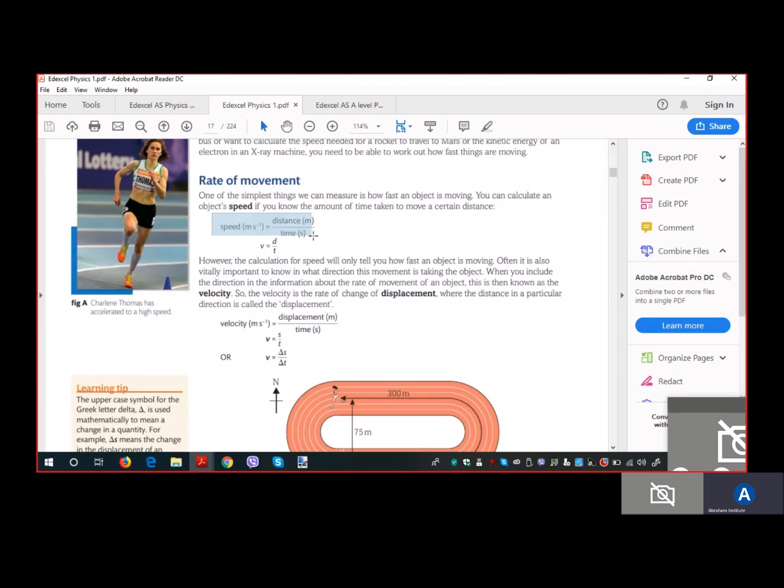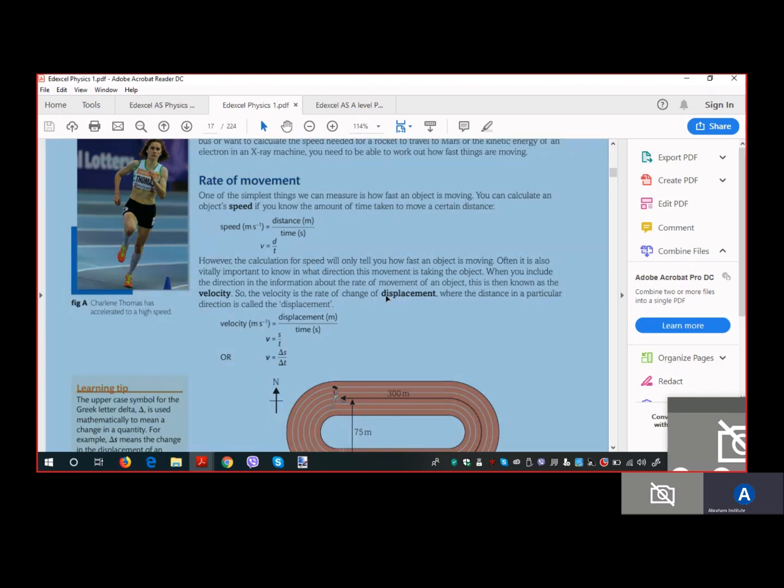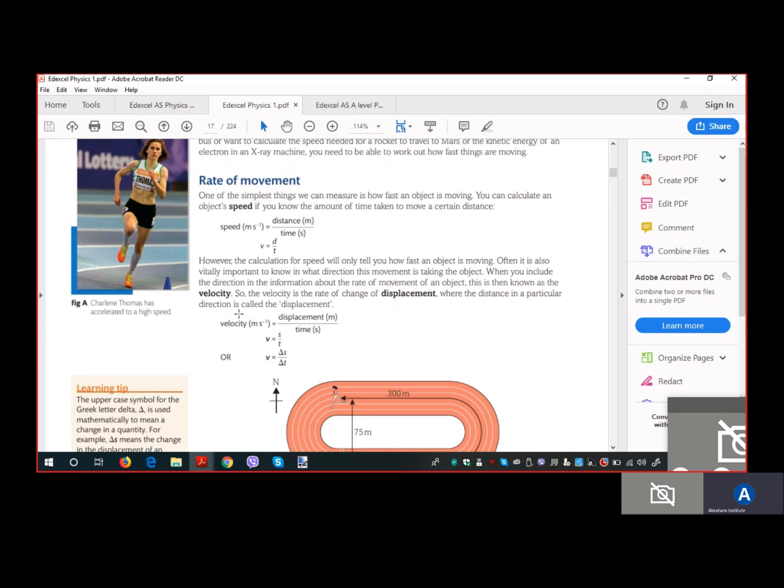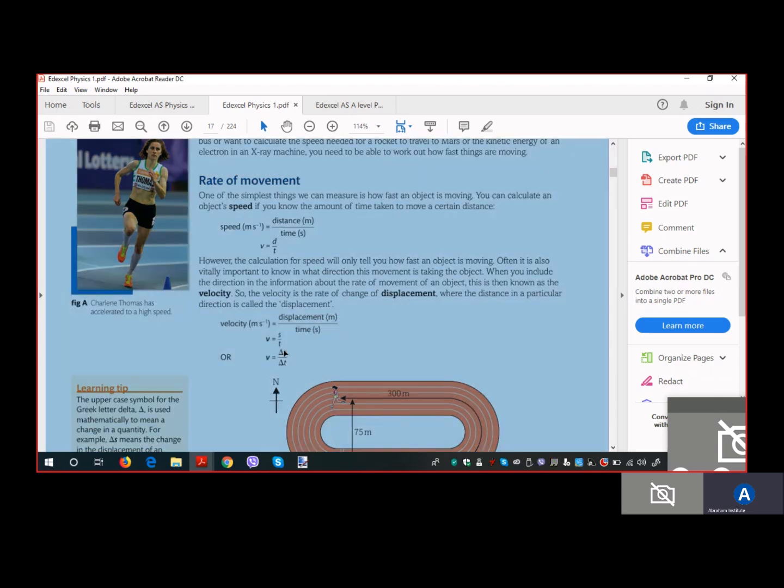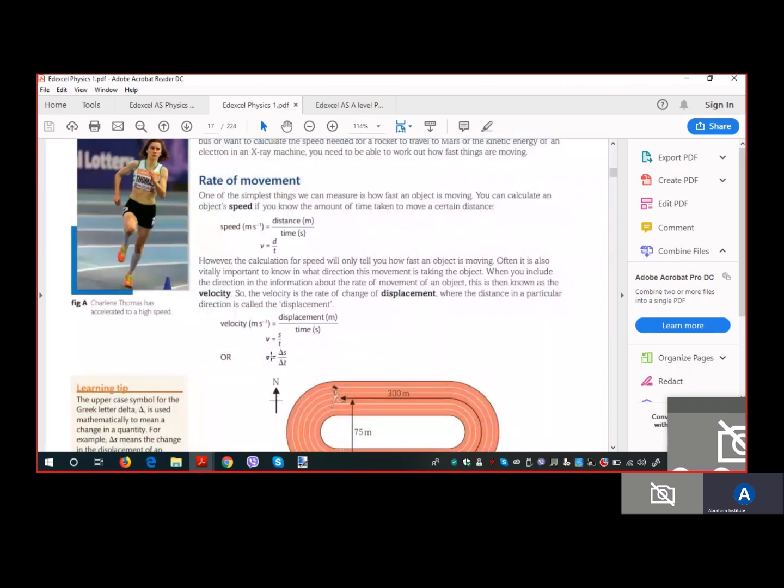So it's better if you write it in words. So this is the definition. Speed equals distance divided by time. Same way, velocity is equal to displacement divided by time. Like I said again, you can write it in symbols, but then you have to write what each symbol is, where V equals velocity, S equals displacement, like that.